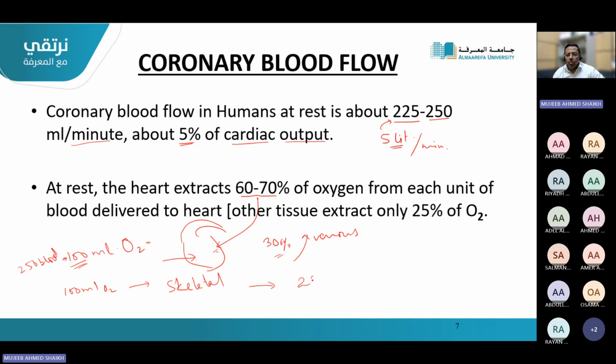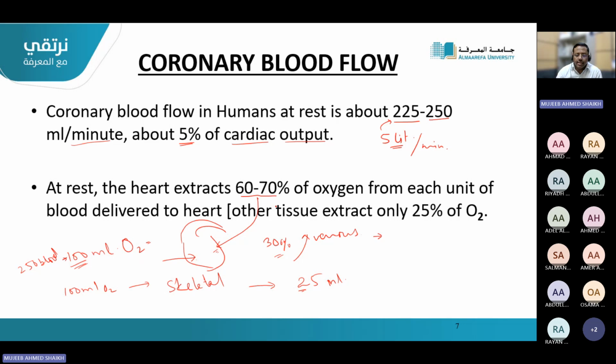It will extract only 25% of the oxygen, or you can say 25 ml of oxygen. 25 ml of oxygen will be extracted, not 100 ml, not 70 ml. This shows that if you want to increase the supply of oxygen through the coronaries, let's say this is during rest, 70% of the oxygen is extracted.